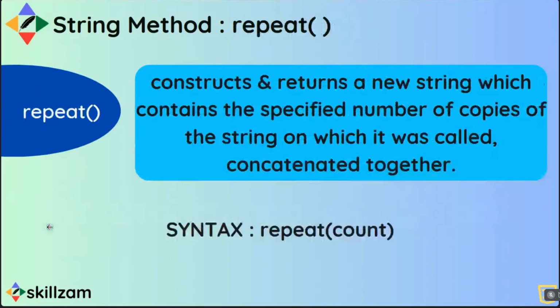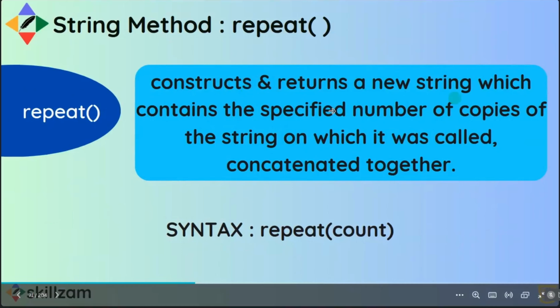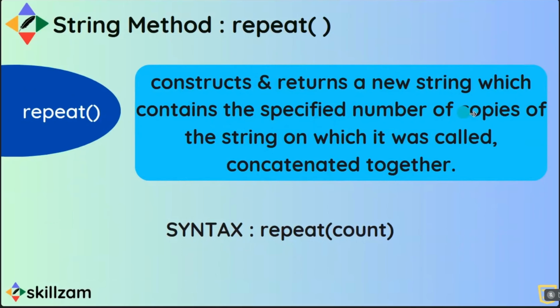And finally, there is something called repeat. Repeat is like you want to repeat something that many number of times. It constructs and returns a new string which contains the specified number of copies of the string on which it was called, concatenated together. What it means is, if you want to repeat a certain string, you can do that.